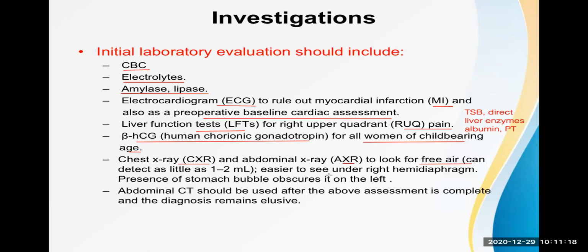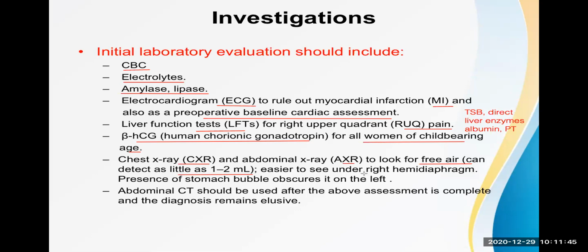It can detect as little as 1 to 2 ml of air. We always take this X-ray in the erect posture, with the patient standing. Then only the gases will go upward and collect below the diaphragm, and we can utilize this very important concept for the diagnosis of pneumoperitoneum.